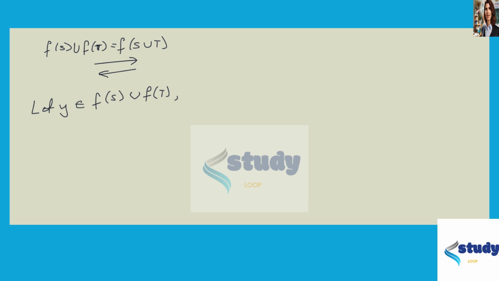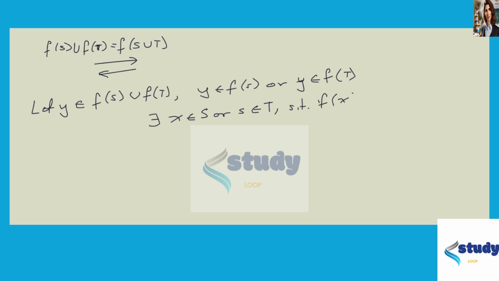This implies that y is in f(S) or y is in f(T). So by definition, there exists an element x in S or x in T such that f(x) = y. Okay, so now you have this or condition.